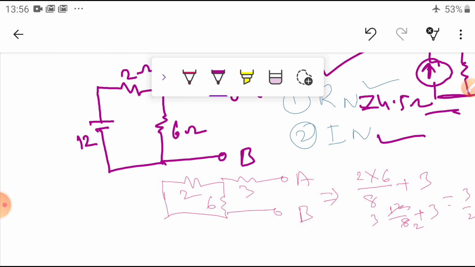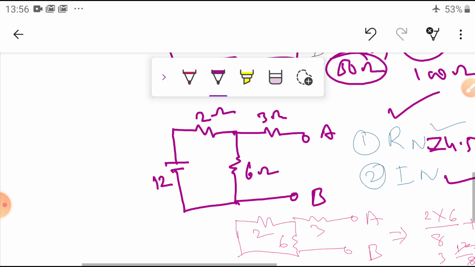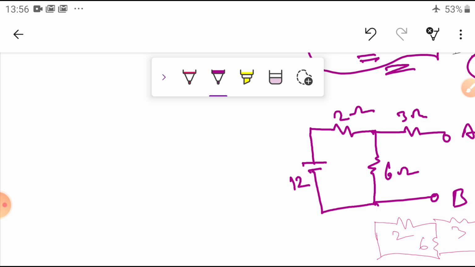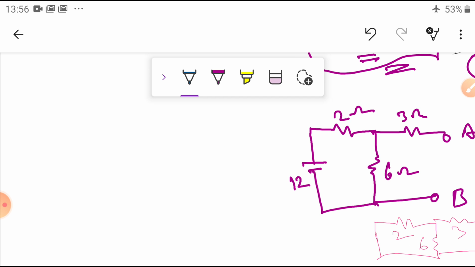Okay, what is the second step? Now for the second step we are going to calculate IN. Second step simple, so just you write the equation. Now to find the current, simply short it.